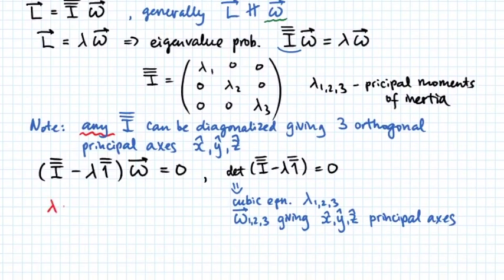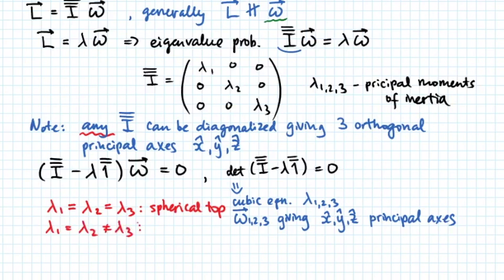Depending on the relationship of eigenvalues, we can identify several different cases. If they're all equal, then we have a case of spherical top. If lambda 1 is equal to lambda 2, but different from lambda 3, then we have a symmetrical top.